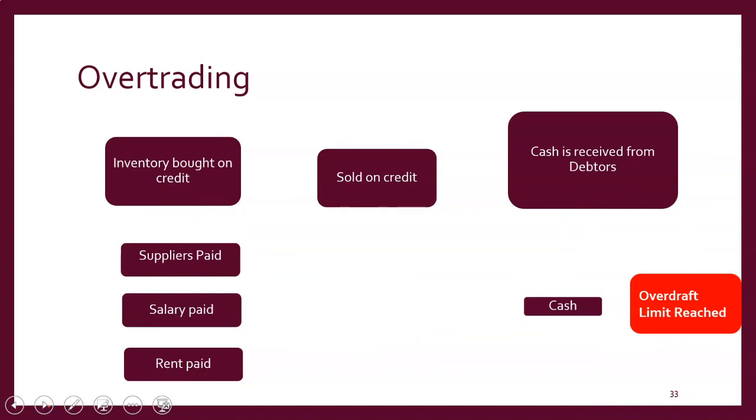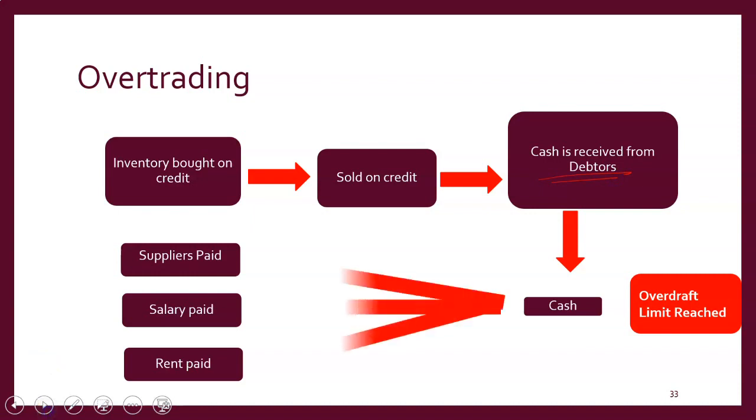Once the overdraft limit is reached, we cannot buy inventory on credit because we have not paid our suppliers, and it's not possible to sell on credit. But the debtors would have risen to a huge amount. Proportionally, they would have become a large amount of debtors and our cash position would have been totally reduced.